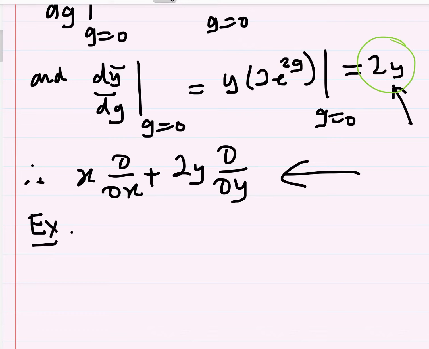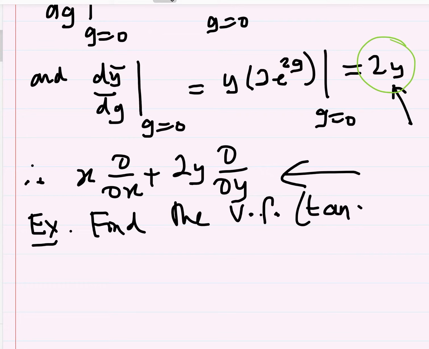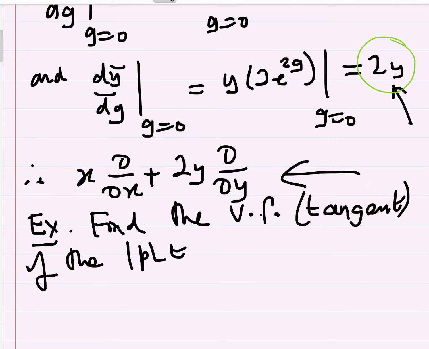Here's an exercise. Find the vector field which is going to represent the tangent vectors of the one parameter Lie group of transformation given by g star acting on xy. Again, I'm using xy instead of x1, x2.